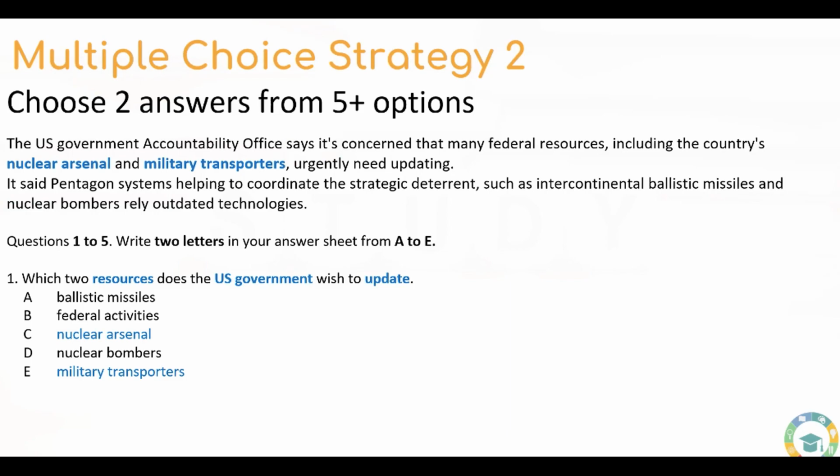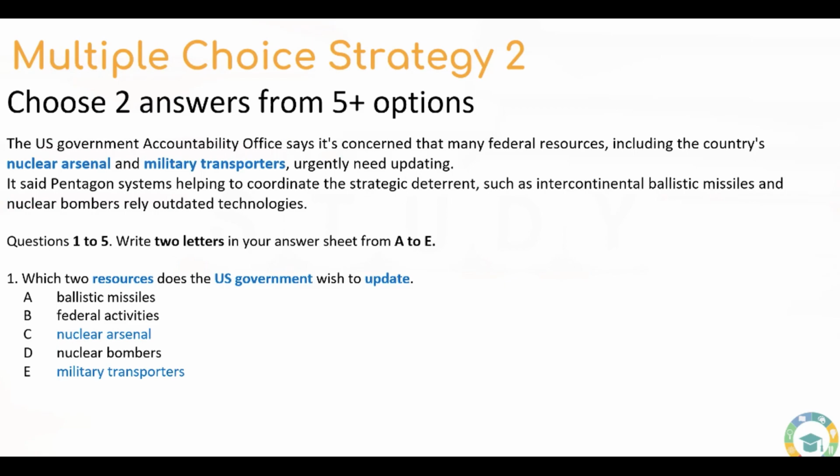This leads me to believe that the answer is located here, nuclear arsenal and military transporters. You can see that by identifying key words and information in both the question and the passage, I'm able to focus and find answers more quickly.